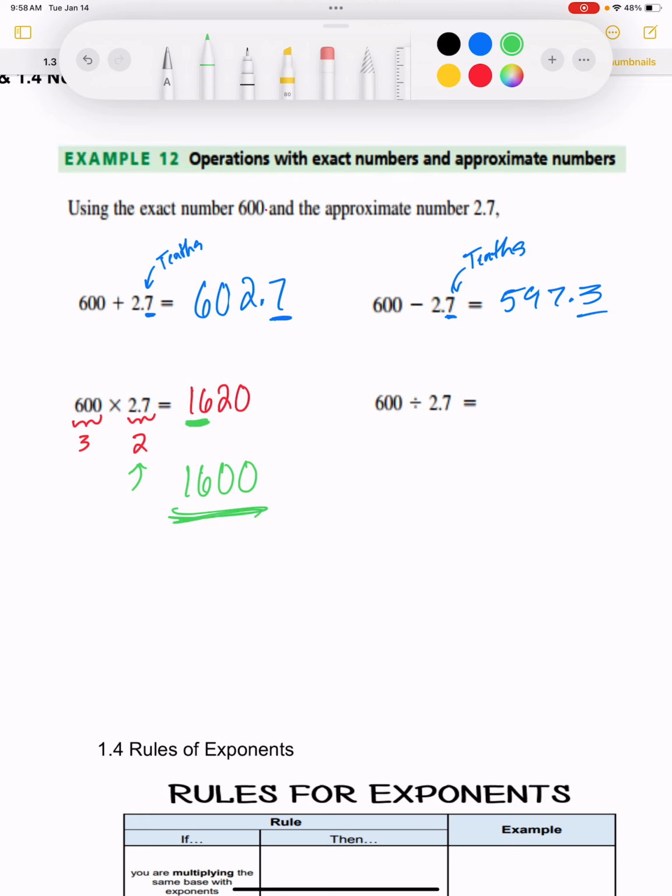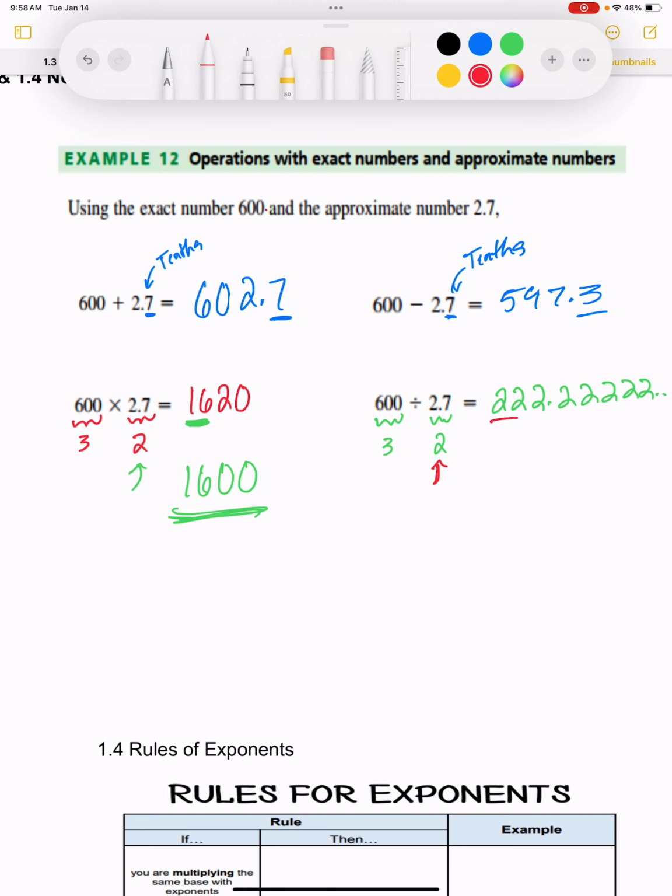And then very similarly, this one. This is 3 significant digits. This is 2 significant digits. If I divide them, 600 divided by 2.7, I get 222.22222, and it goes on forever. Now, because the smallest amount of significant digits here is 2, I have to round this to 2 significant digits.